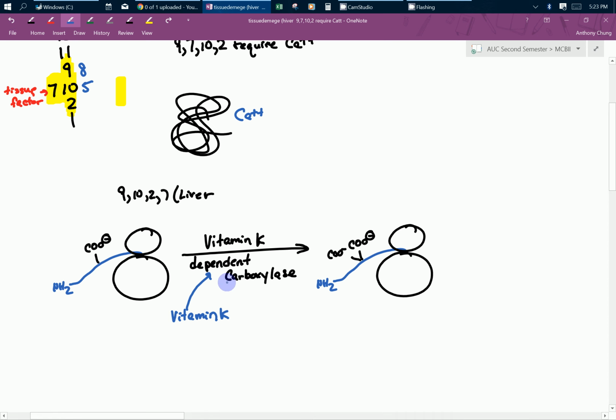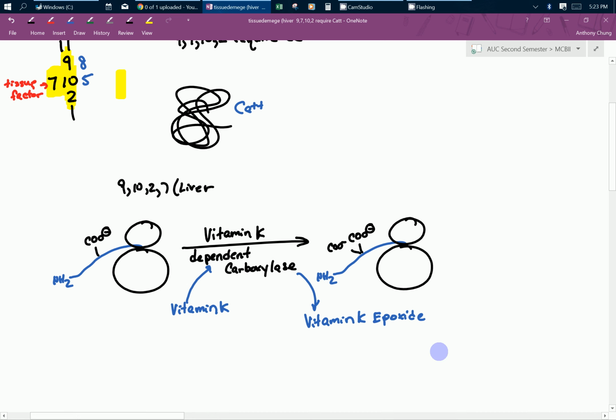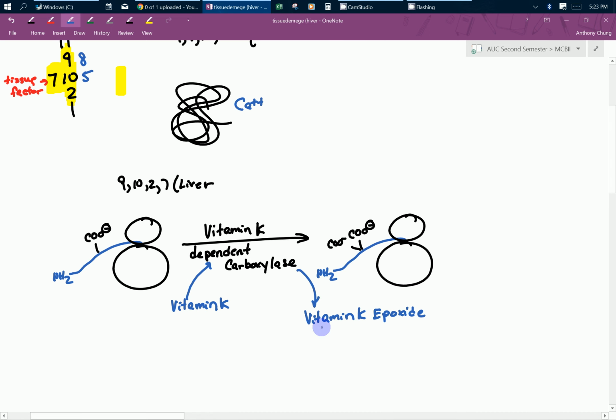After the vitamin K is used, though, it becomes a vitamin K epoxide. And if you guys remember from organic chemistry, an epoxide is like a closed ring like that. You don't really need to know that. You just need to know that it's some sort of vitamin K epoxide, and it's pretty much useless in this state. It's pretty much spent.